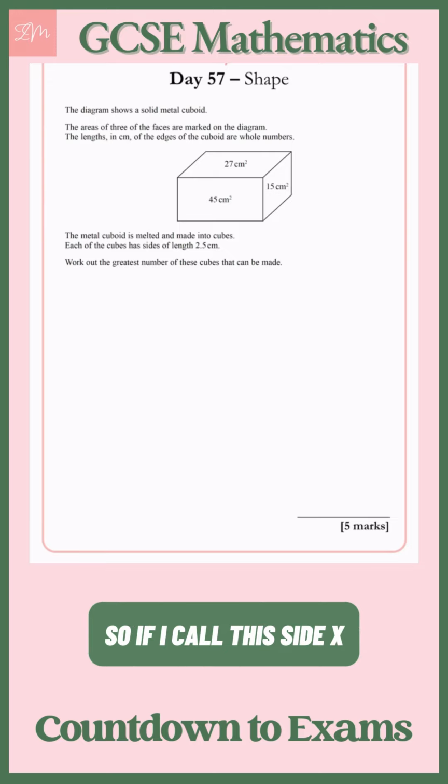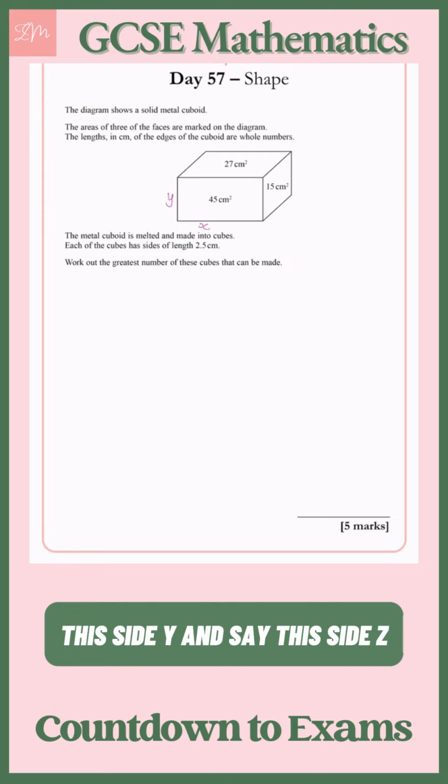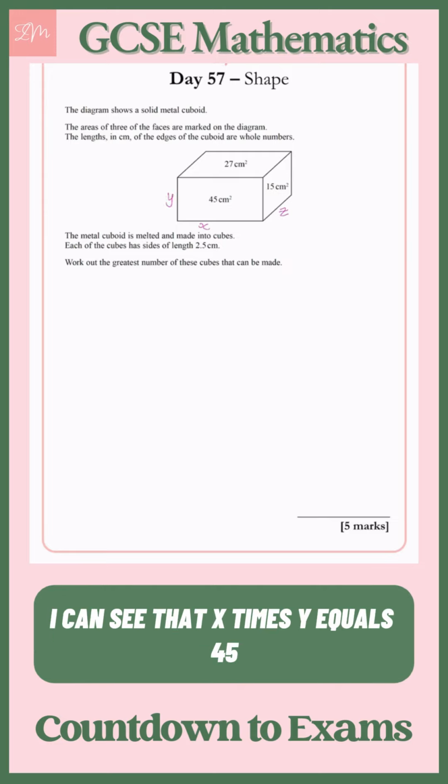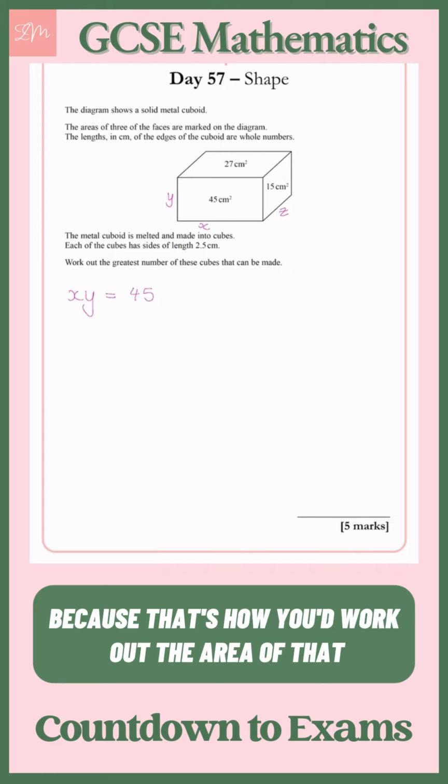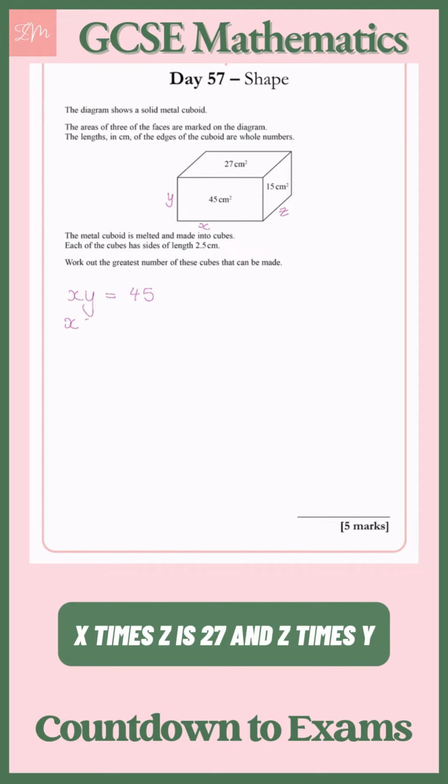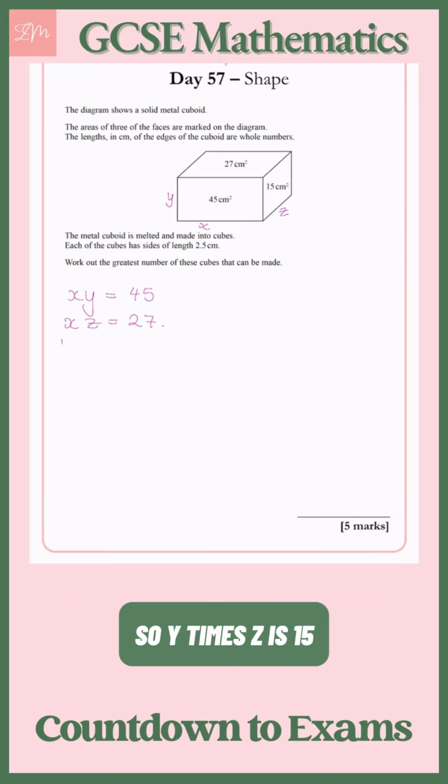So if I call this side X, this side Y, and say this side Z, I can see that X times Y equals 45, because that's how you'd work out the area of that. X times Z is 27, and Z times Y, so YZ, is 15.